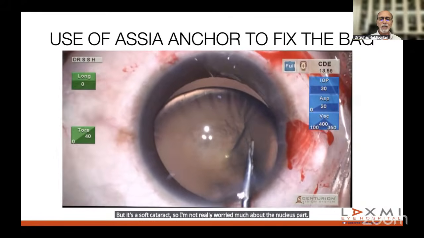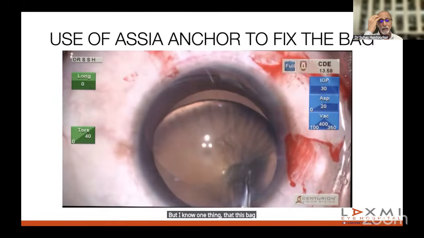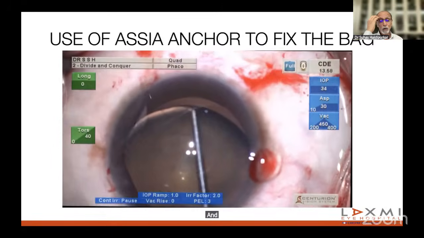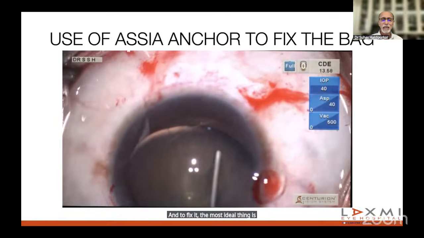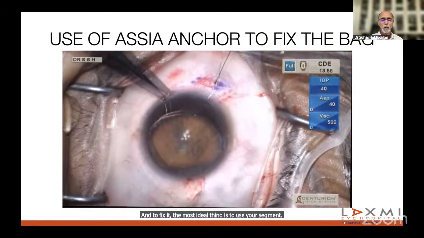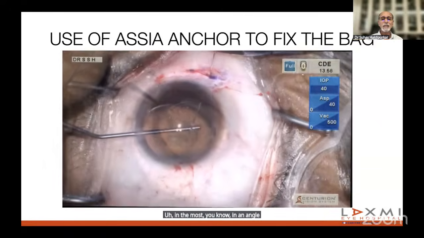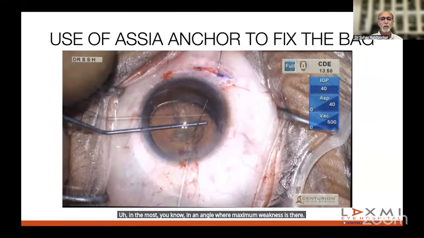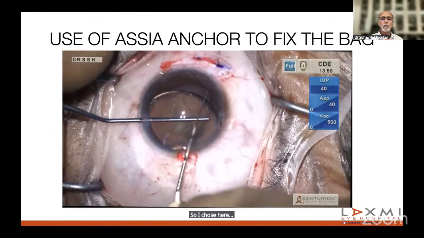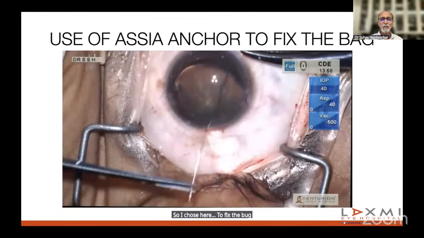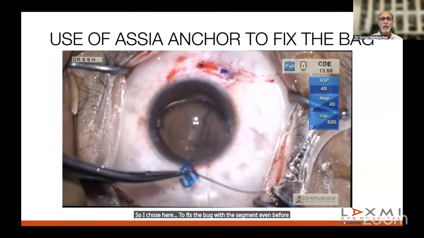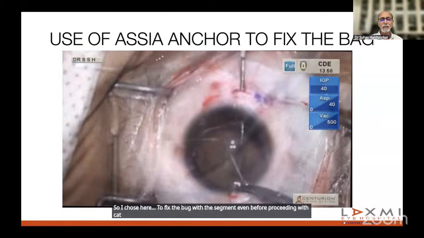I know one thing, that this bag needs to be fixed. And to fix it, the most ideal thing is to use your segment in the angle where maximum weakness is there. So I chose here to fix the bag with the segment even before proceeding with the cataract removal.